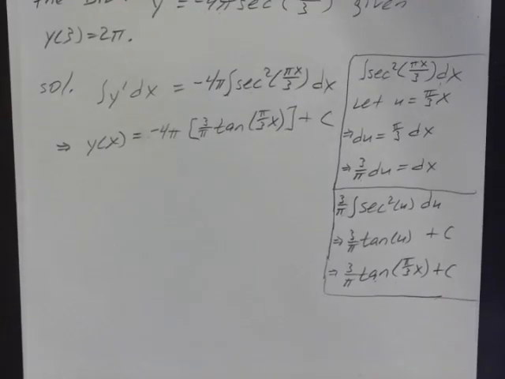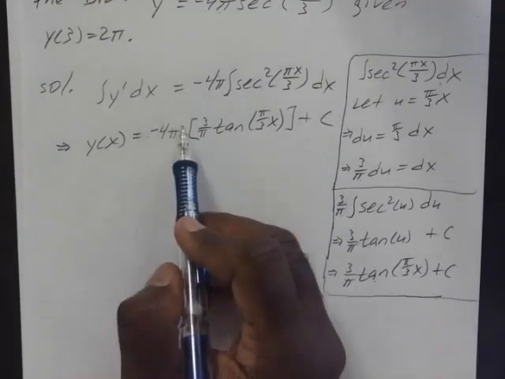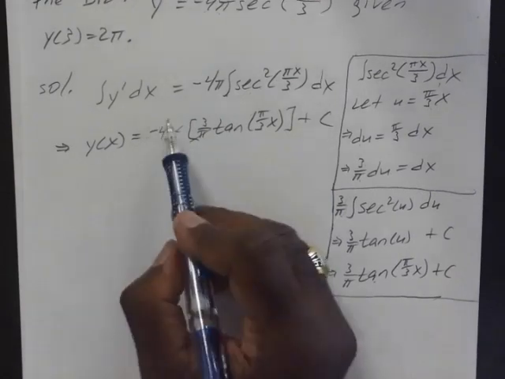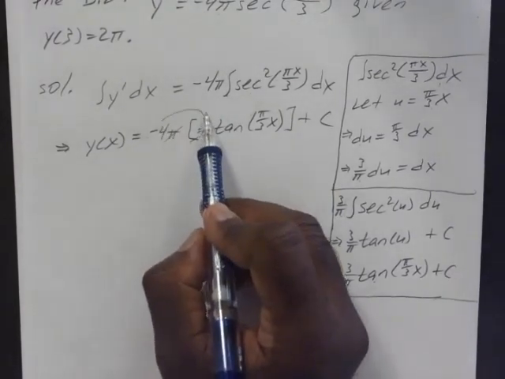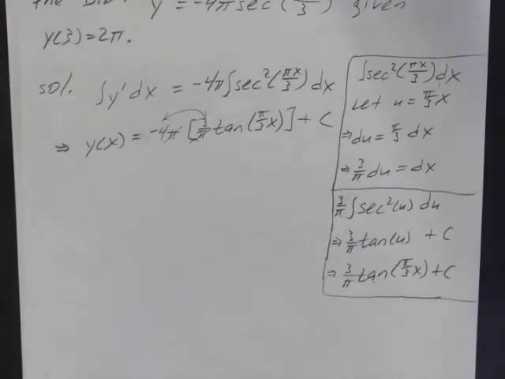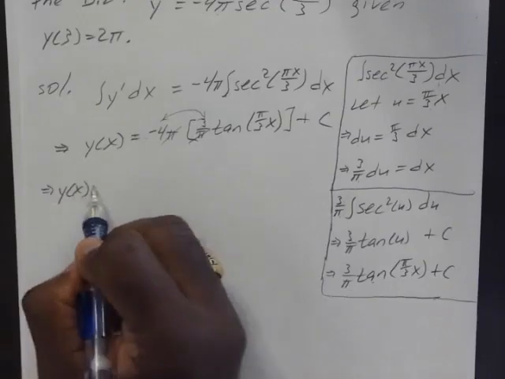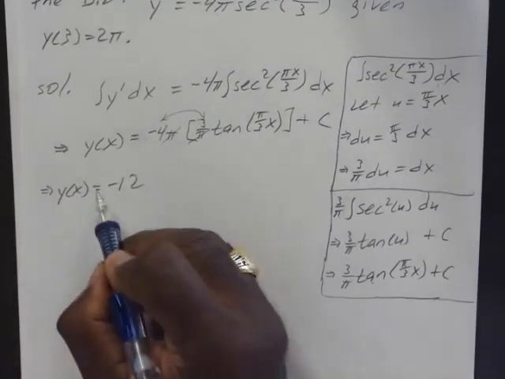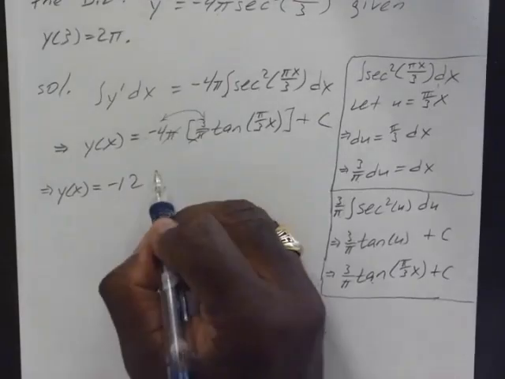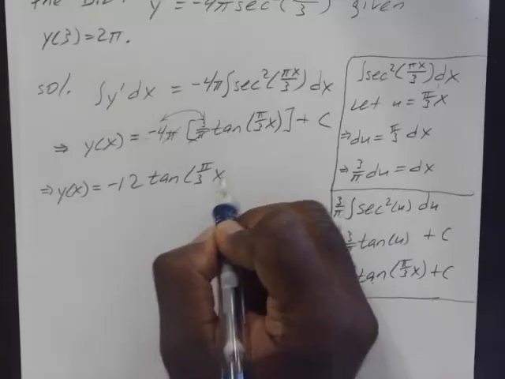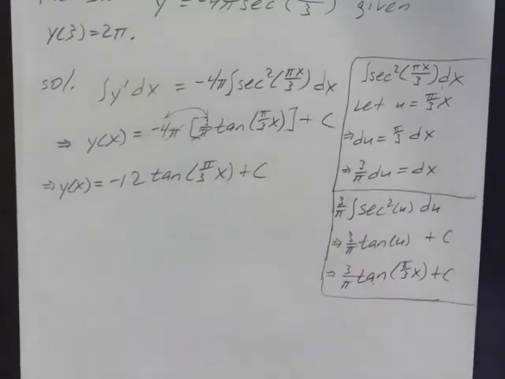Here we can see that the pi's cancel each other out, and we can go ahead and multiply the negative 4 times 3. So that means our y of x is equal to negative 12 times tangent of pi over 3 times x plus c.